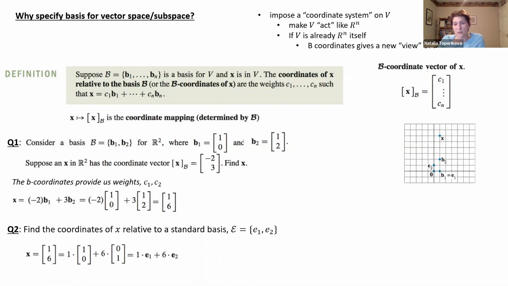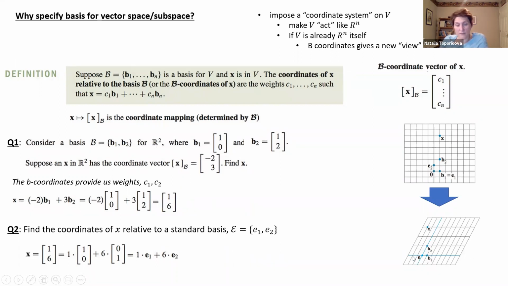But now if we move to our basis B1, B2, we basically introduce a different coordinate system. So we are using vectors B1 and B2 as our basis. And because we have our vector x expressed in B-coordinates, we can find it using our B-coordinates. Our first coordinate, -2, means that we make 2 steps in the direction opposite to B1.